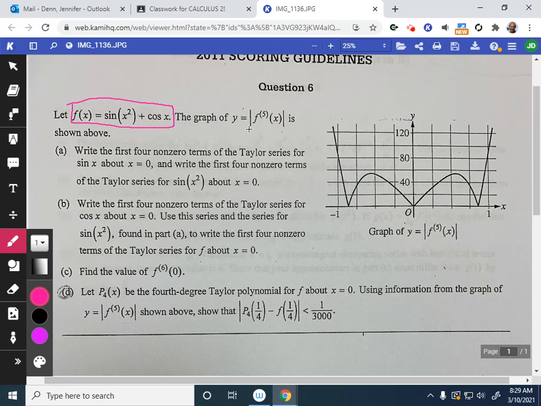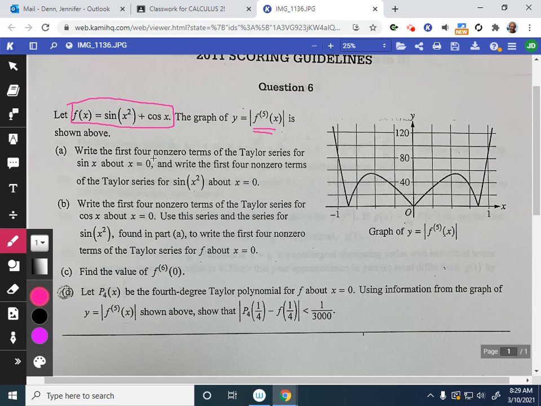This is the absolute value of the fifth derivative of f with respect to x. This graph is representing the fifth derivative of f. So if I needed to find a fifth derivative, I'd be able to use this graph to do so. For right now, we can ignore it because I have no need for it, at least right now.